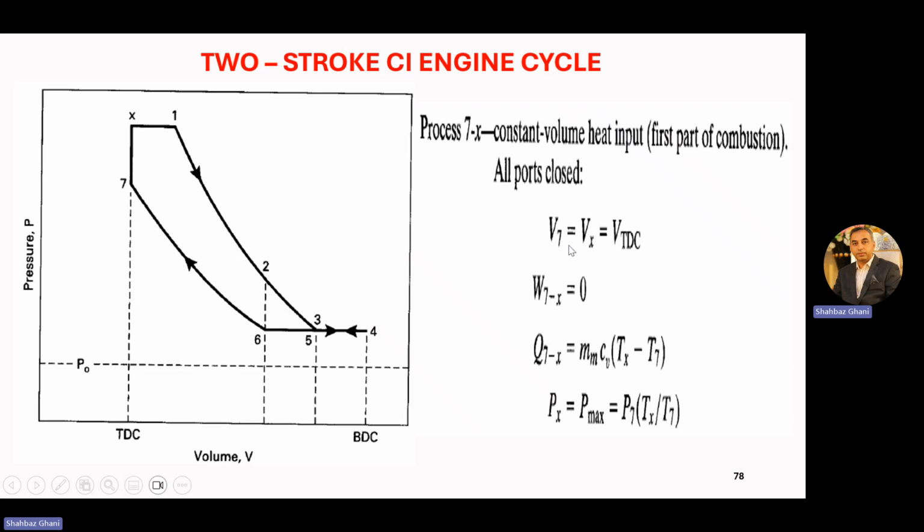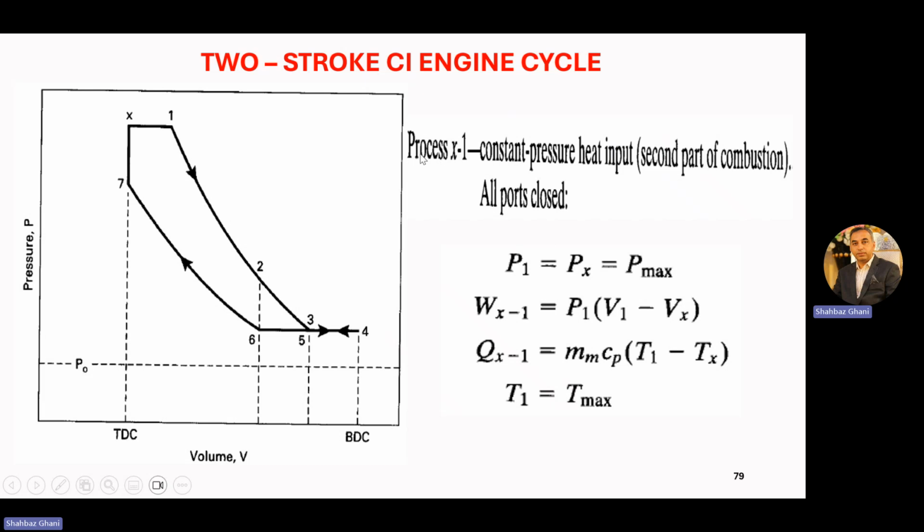All ports are closed. So V7 is equal to Vx, and V is equal to VTDC, the volume at top dead center. So the Q in is equal to mass of mixture times Cv times (Tx minus T7). Px is equal to Pmax, which equals P7 times Tx divided by T7.